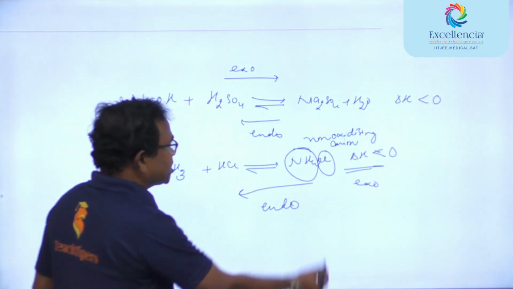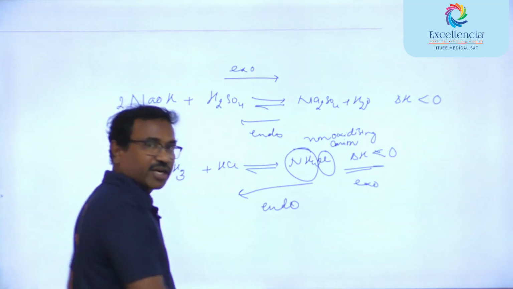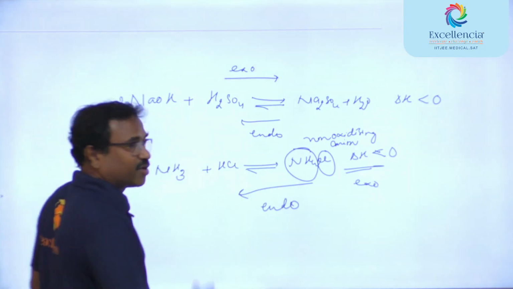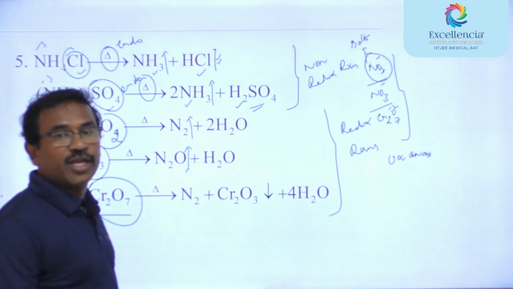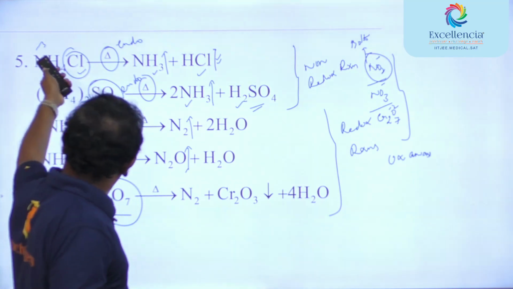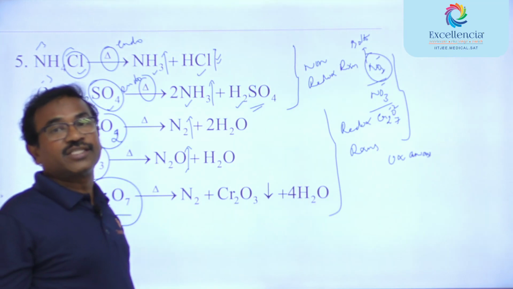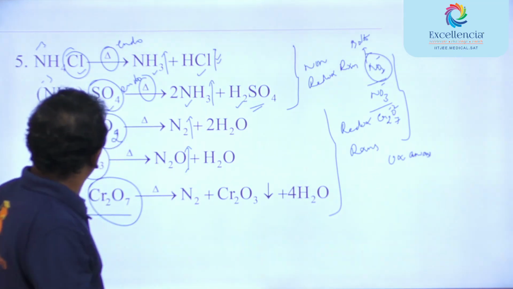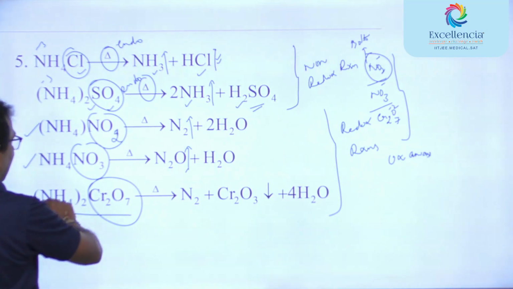And secondly, since on heating, the backward reaction is favored, obviously the backward reaction has to be decomposition of ammonium chloride to ammonia and HCl, because though ammonium is a reducing cation, chloride is not an oxidizing anion. That's the point. And on the same lines, you get ammonium nitrite, ammonium nitrate and ammonium dichromate.